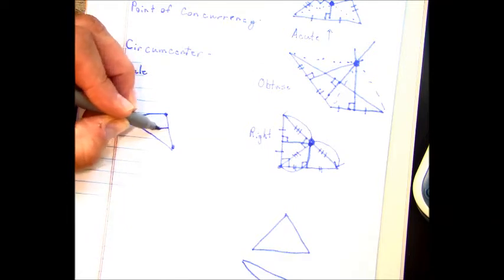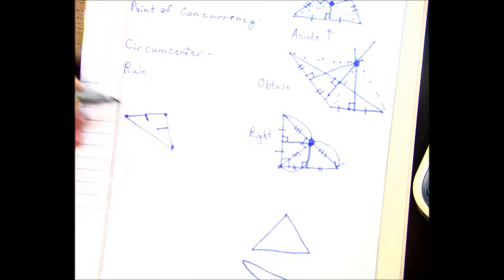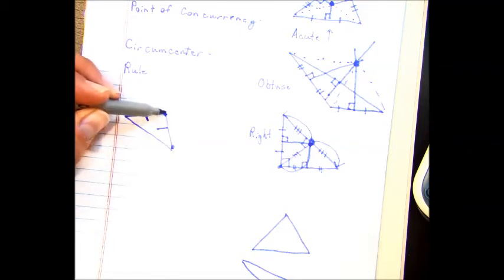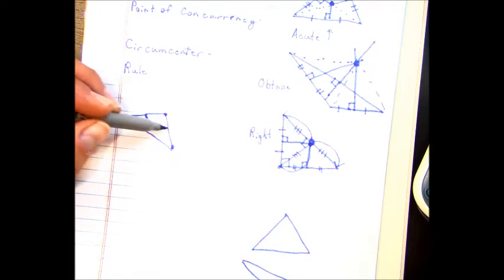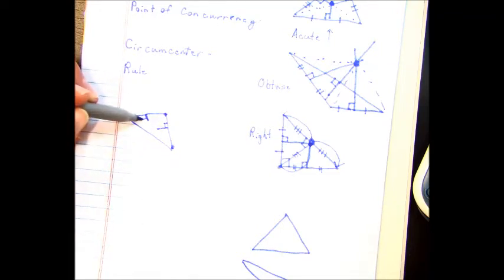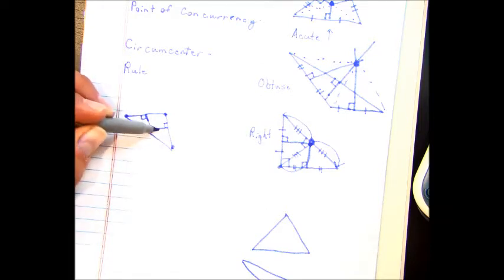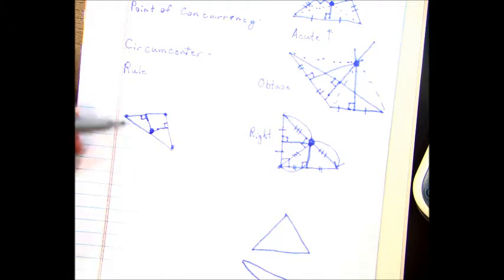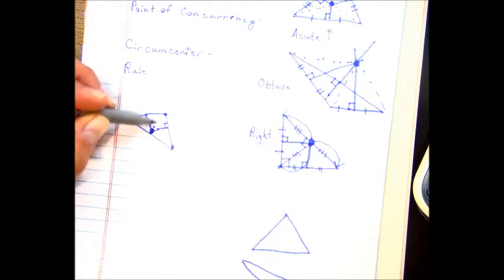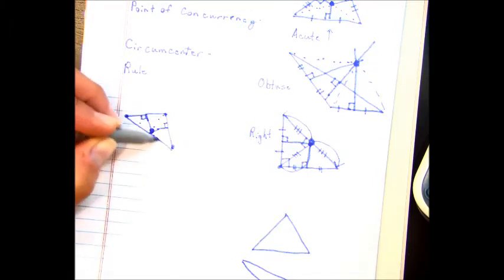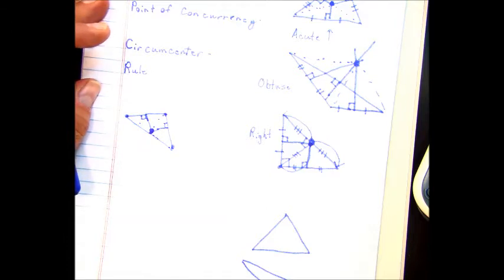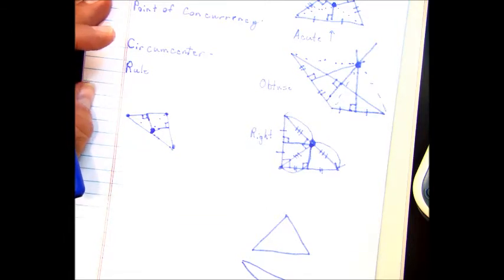So let's say you found the midpoint between the mall and Chick-fil-A, and you found the midpoint of the mall and Countryside High School. If you were to draw a line perpendicularly from each midpoint, where they meet would be the circumcenter, and that point would be equidistant to all three things. You'd be able to get to all three things in the same amount of time.